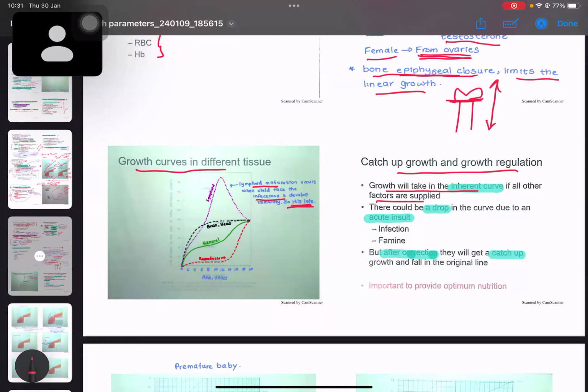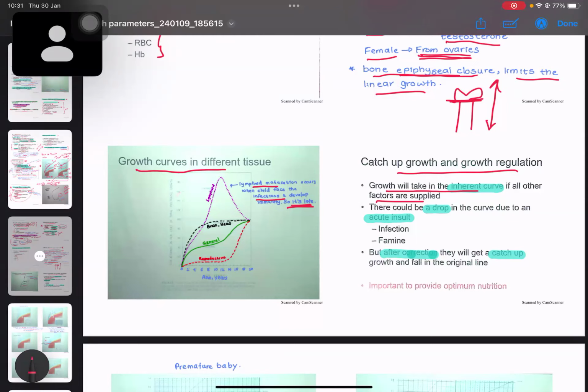If both parents are very short, we can't expect the child to grow taller, because that's an inherent genetic curve. According to genetics, the child will be short. If all the nutrients and hormones are supplied properly, then only will the child's growth follow the genetics.